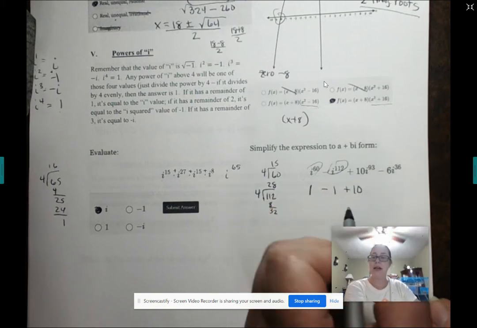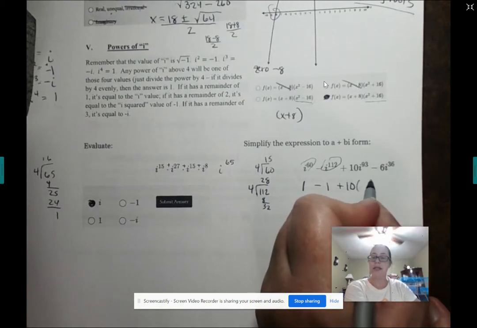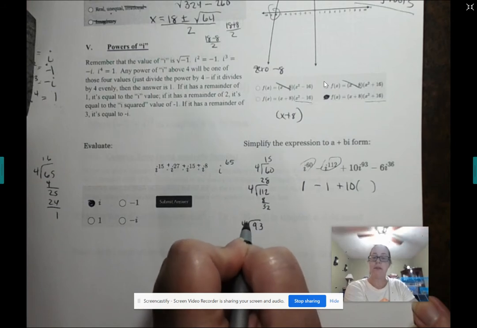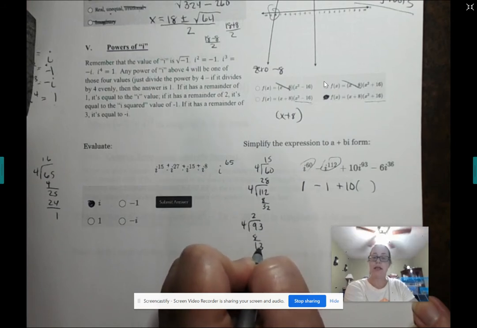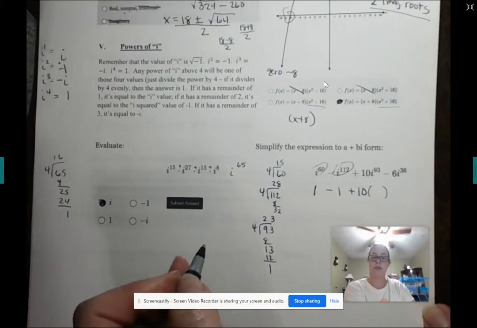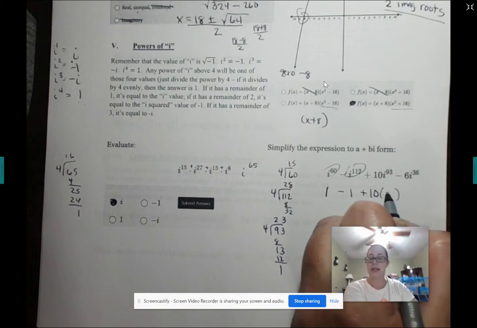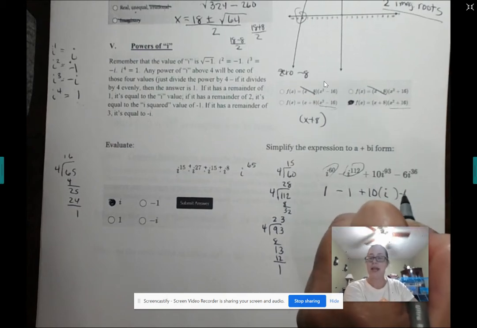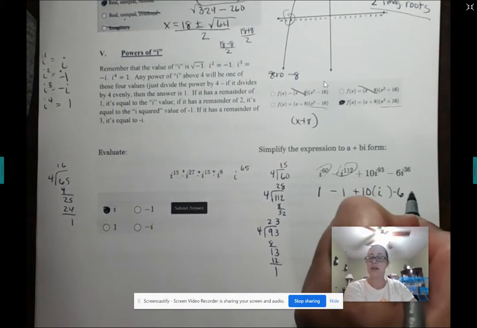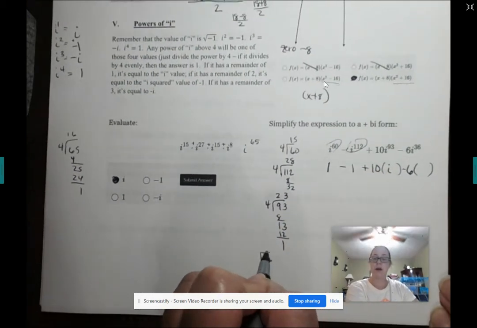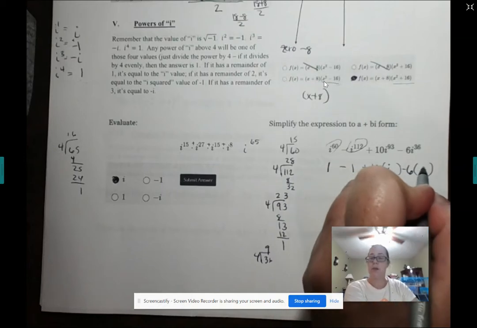Now I have a 10 here, and I'm just trying to figure out what i to the 93rd power is going to reduce to. If I divide this by 4, I end up with a remainder of 1. So if I have a remainder of 1, I'm going to put an i in place of i to the 93rd power. And then I have -6 times i to the 36th power. 36 divides perfectly by 4. So I'm going to put a 1 there.